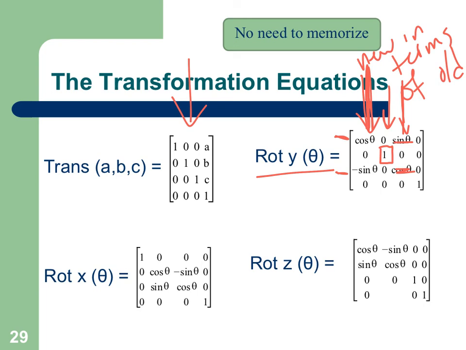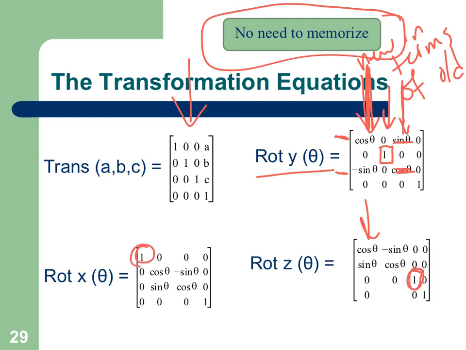If what I just said makes no sense to you, then forget it. All you need to know is you don't need to memorize these. But it's kind of useful if you look at one of these rotation matrices. If you're rotating about z, then there's always going to be a 1 there. If you're rotating about x, there's going to be a 1 in the x position of the unit matrix, right? If you think about that part of your unit matrix. And if you're doing a rotation about y, this guy ends up like that.